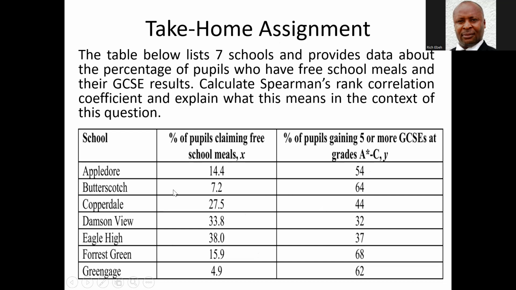And then you see schools like Butterscotch with almost low free school meal having 64. Now, this data needs us to confirm whether free school meals significantly improve pupils gaining 5 or more credits in GCE grades. So take that as an assignment and send your feedback.